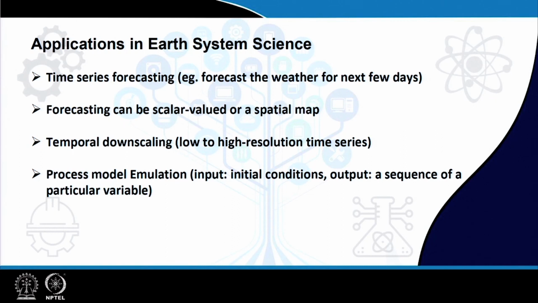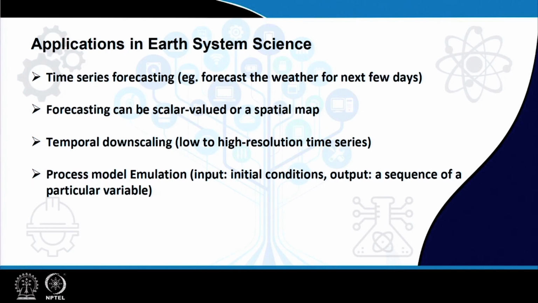If we are going for the second thing, that is, we want to predict a sequence of spatial maps, then that becomes a sequential prediction problem for which we need something like a convolutional LSTM.